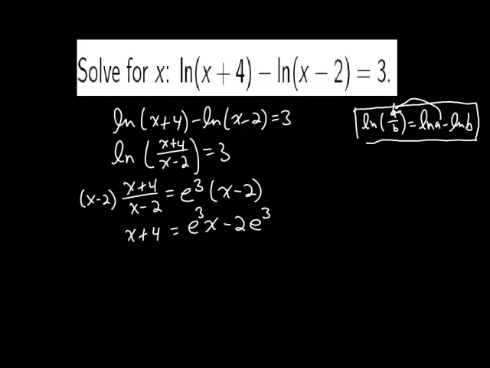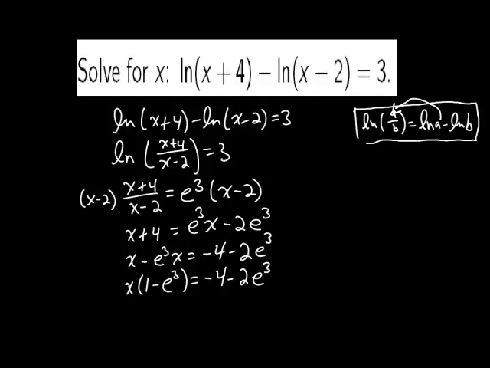So now we're back to our early algebra, just getting all the x's on one side and all the constants on the other. We want to isolate x and get it by itself. So I have x minus e to the 3rd times x equals negative 4 minus 2e to the 3rd. So now using the distributive property and undoing this common factor, x times 1 minus e to the 3rd equals negative 4 minus 2e to the 3rd.